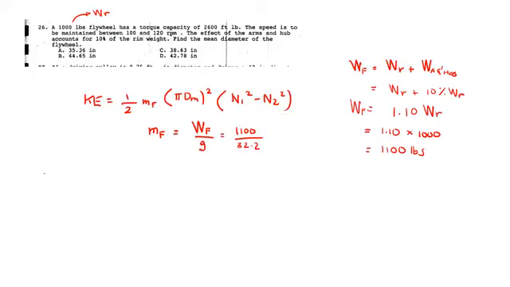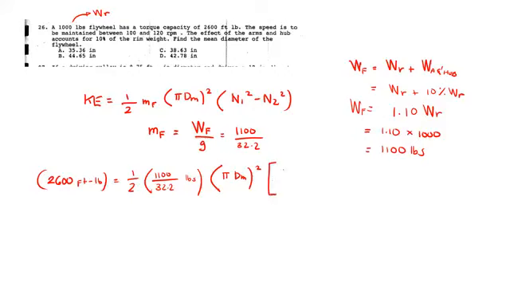For the kinetic energy, we have 2,600 foot-pounds equal to 1/2 times the mass of the flywheel, 1,100 divided by 32.2, times pi times mean diameter, which is what we are looking for, squared, times N. N is 120 revolutions per minute, divided by 60 to make it RPS, because the units of these two should be in RPS.